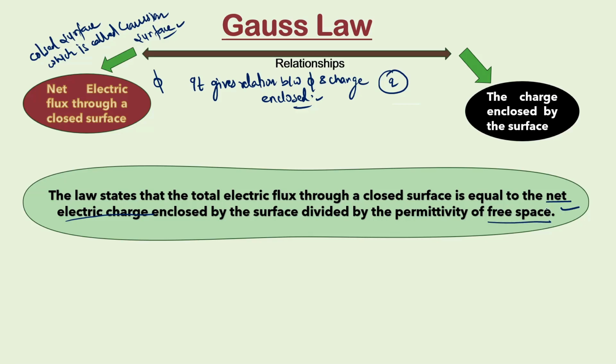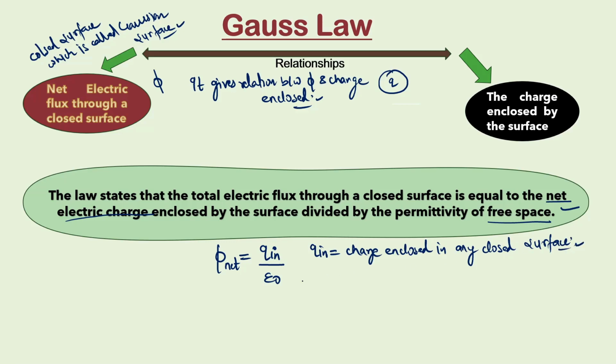The net electric flux phi net is equal to q upon epsilon naught, where q is the charge enclosed in any closed surface.